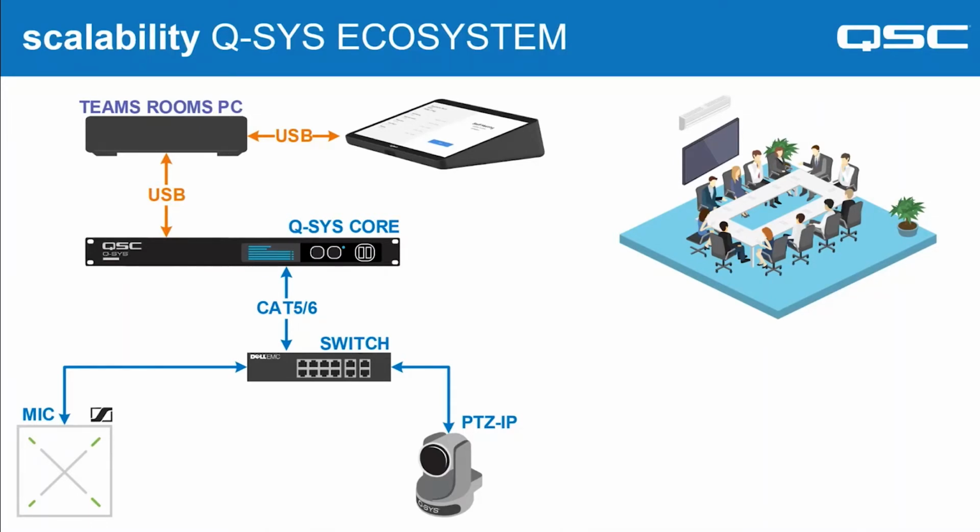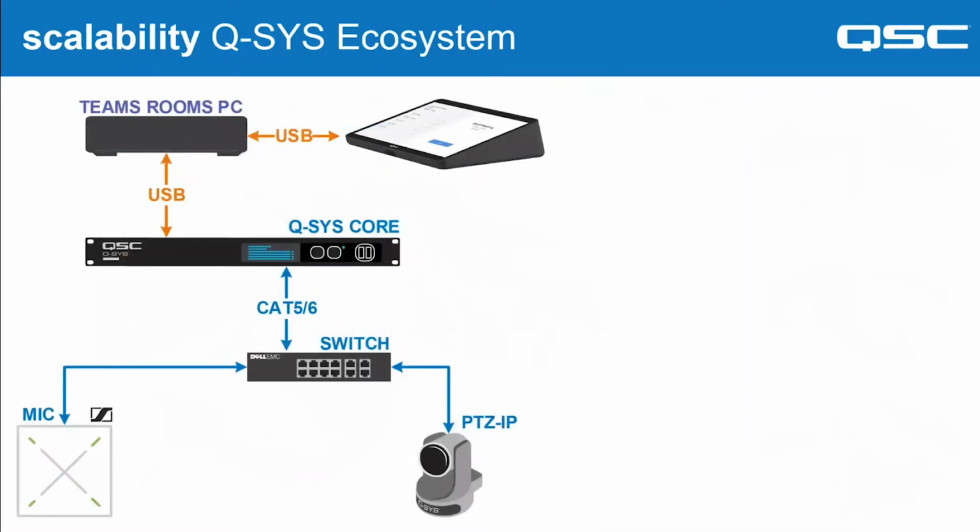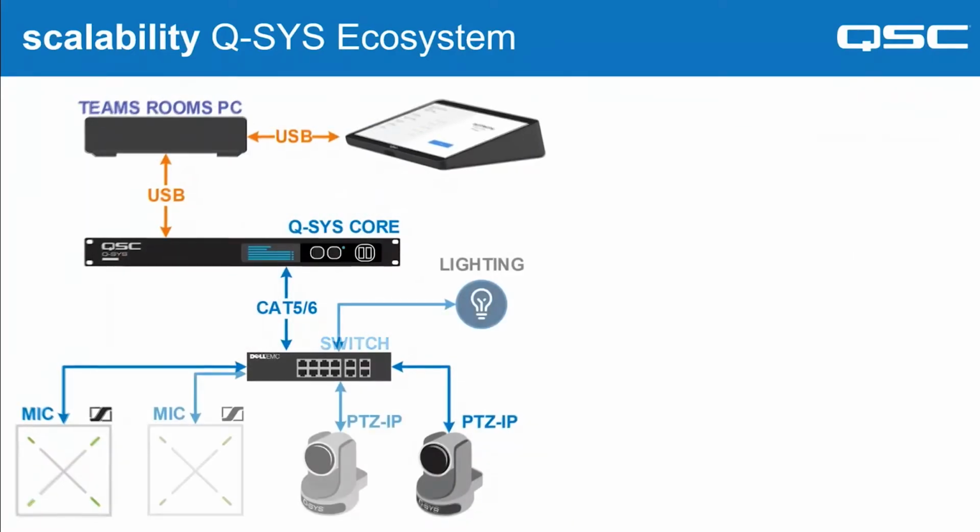As I said, the nice thing about this approach is if you go up to these specialty high value rooms like divisible rooms, training rooms, boardrooms, all hands spaces, you don't then have to have this compromised system that's made up of lots of extra bits of hardware, widgetry. We just add the additional endpoints we want. So for a larger room, we might have two mics, we might have two cameras as well. We might be controlling stuff in the room, and we haven't made that backbone of the system where it connects to the PC any more complex.